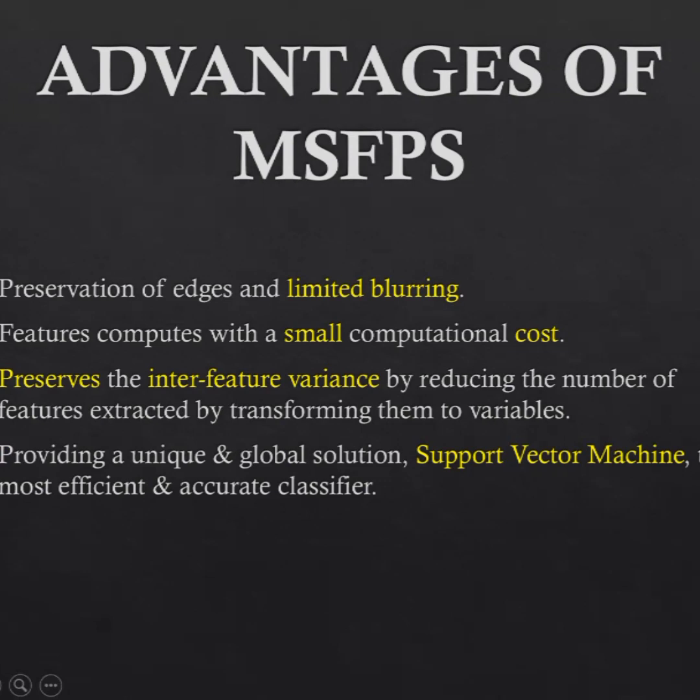Furthermore, the number of features extracted can be reduced by transforming them into variables that preserve the inter-feature variance using principal component analysis. Finally, owing to tuning by a nonlinear RBF kernel and the possibility of providing a unique global solution, support vector machine is the most efficient and accurate classifier.